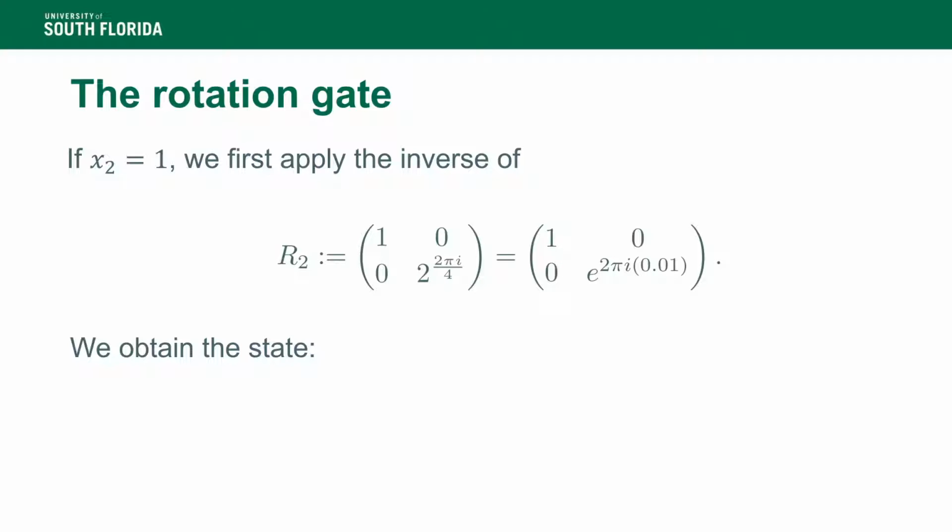This is a family of gates. So we have R sub k that we're going to be using, which is the matrix with rows (1, 0) and (0, e to the 2 pi i over 2 to the k).